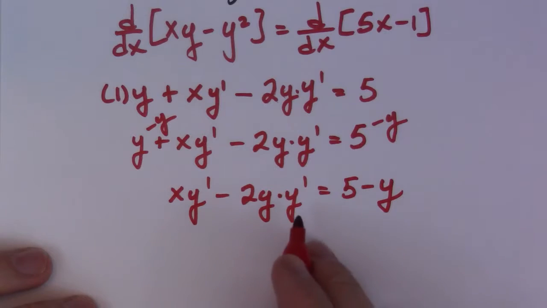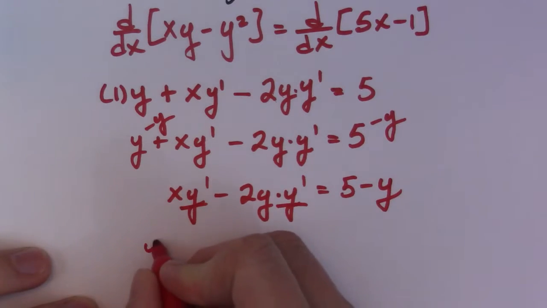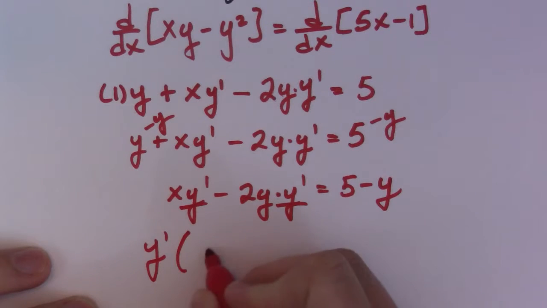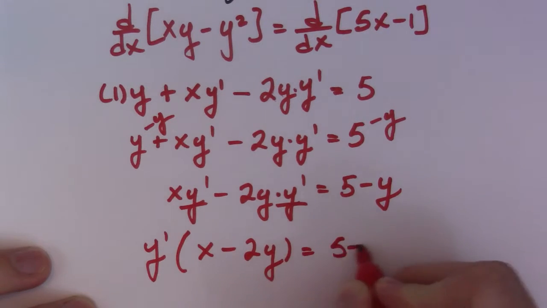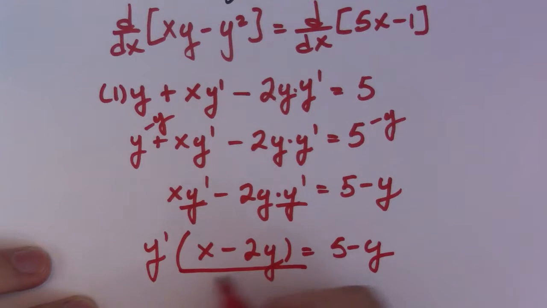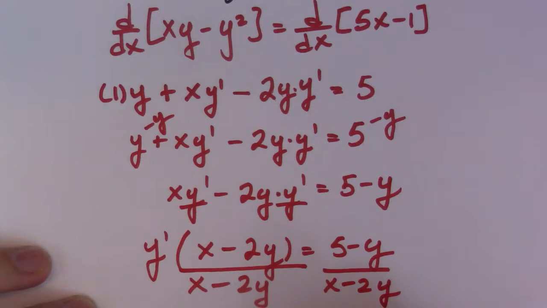Then I take out a y prime from both, and I'm left with x minus 2y, equal to 5 minus y. Then I divide both sides by x minus 2y, and I have my derivative: y prime equals 5 minus y all over x minus 2y.